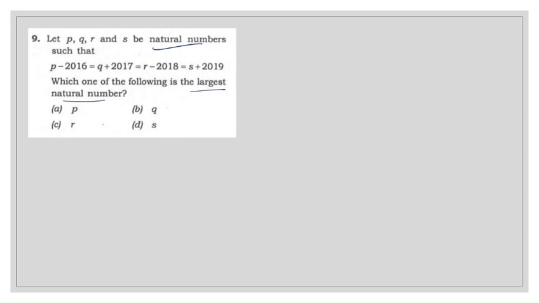Now the point here to understand is that we are equating all these values, which means that all these values are equal. So it seems pretty obvious that if we have to add something to make it equal to something, obviously that value will be smaller. But if we need to subtract a pretty good number from a particular number, this particular value will be greater than the value to which we need to add.